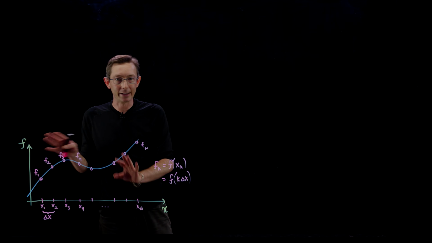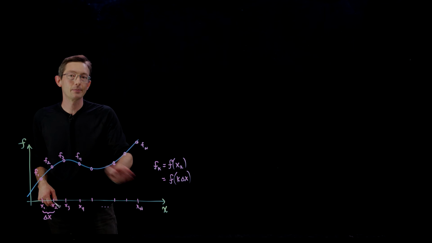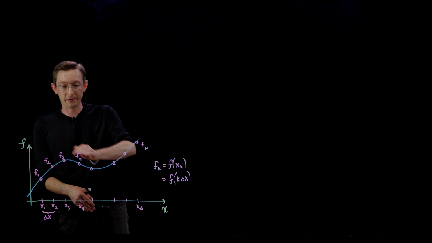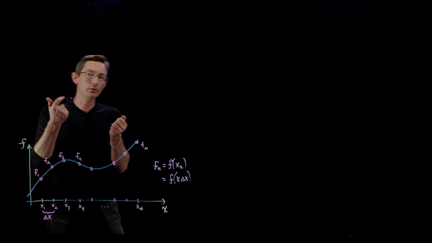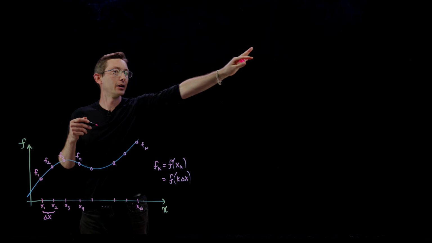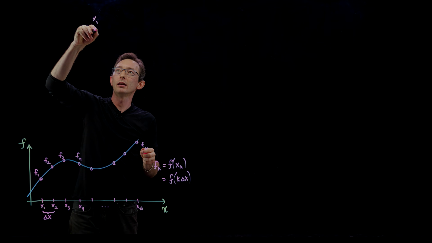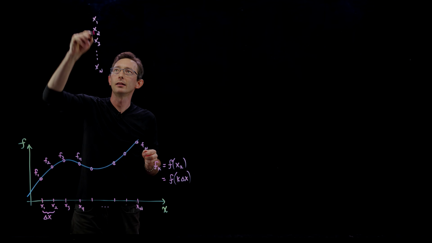So this is just setting up some notation: I have my x positions where my data was taken, and then f is my actual data. And so I essentially have two vectors. I have x1, x2, x3, to xN.